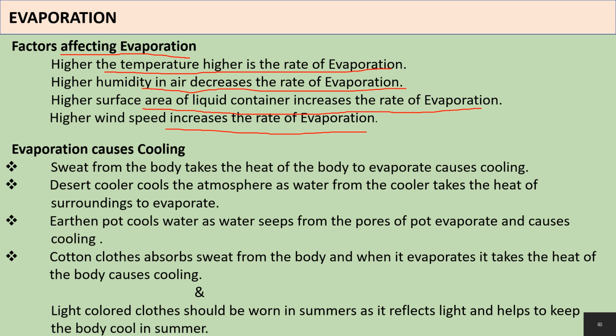As evaporation requires the heat of the surroundings, evaporation causes cooling of its surroundings. Let's study some of the examples where evaporation causes cooling. Sweat from the body takes the heat of the body to evaporate, and it causes cooling of the body.